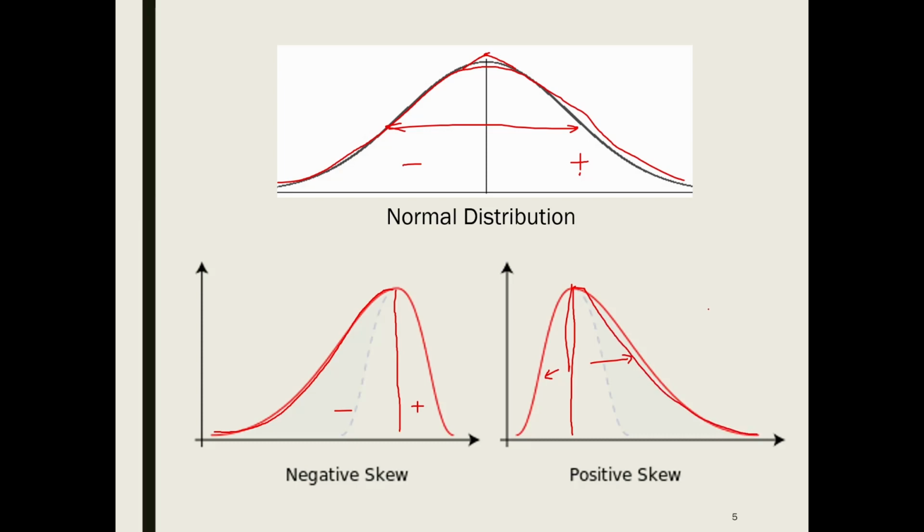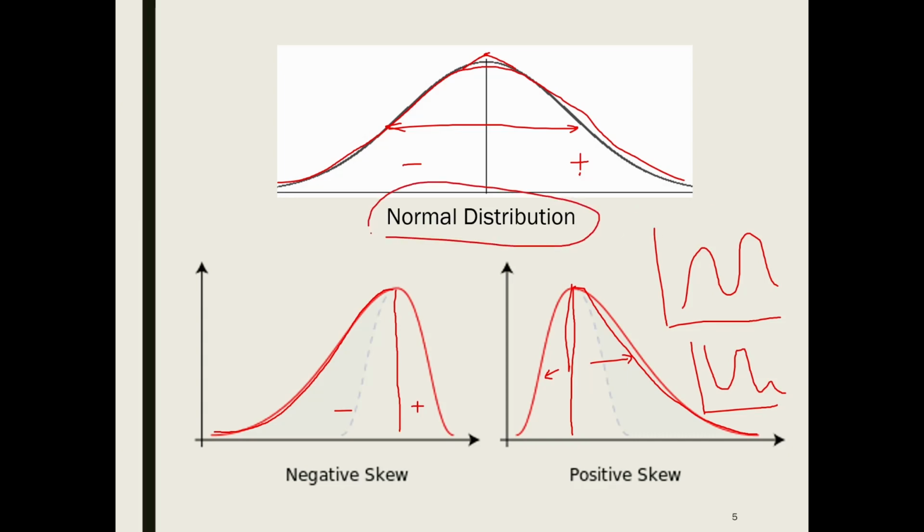Those are the very basic shapes of the distribution. Now you may also see some distributions that look like this one, or like this one. These are all possible distributions, but they are not really common. Most importantly, the normal distribution is always our focus in stats.